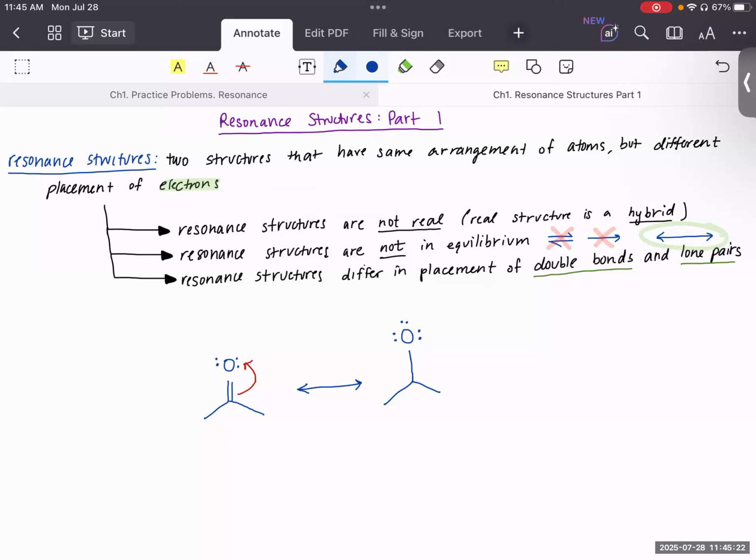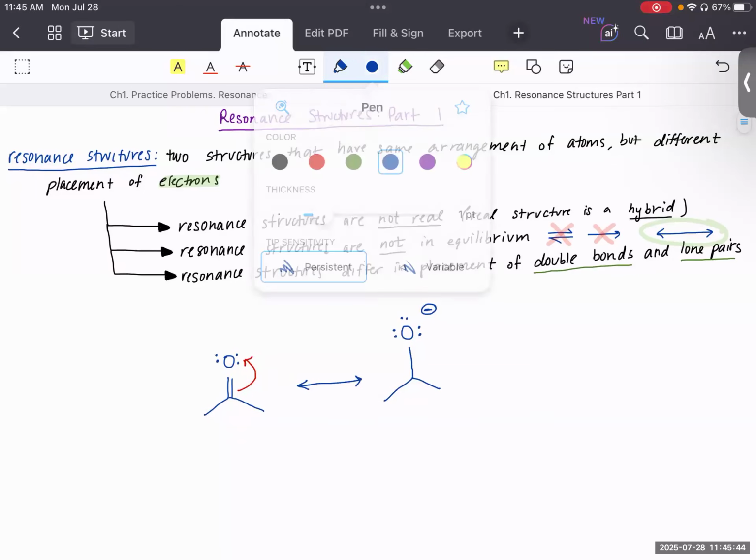And so based off of this skeletal structure, we can identify the new charges that appeared in this molecule. If you rewatch the video that I have on skeletal structures, we could calculate that the formal charge on this oxygen right here is going to be -1. And then this carbon down here is going to have a +1 charge.